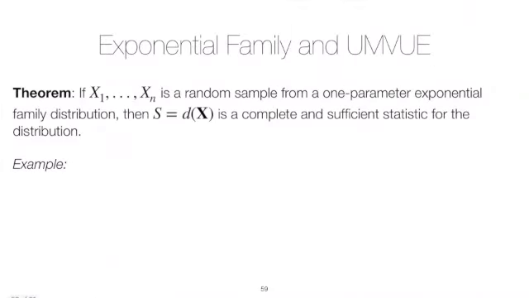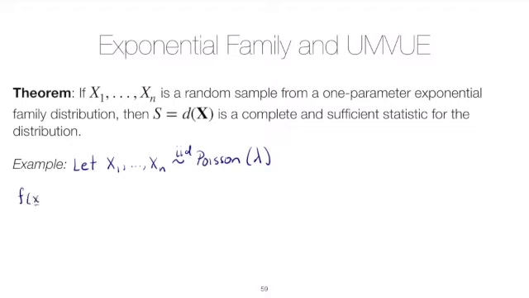So what about for the Poisson distribution? Let's look at that example that we've sort of continued through a lot of our development of these concepts. So if we let x1 through xn be IID Poisson with rate parameter lambda, let's write down our joint distribution.